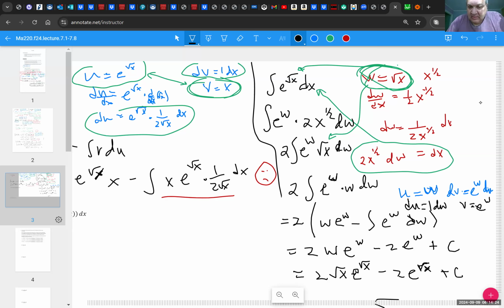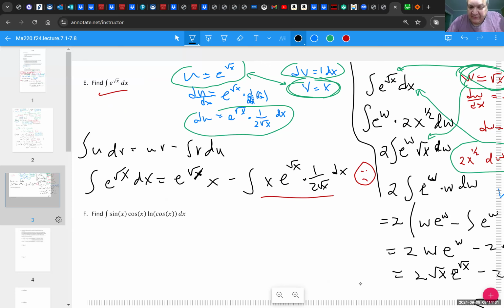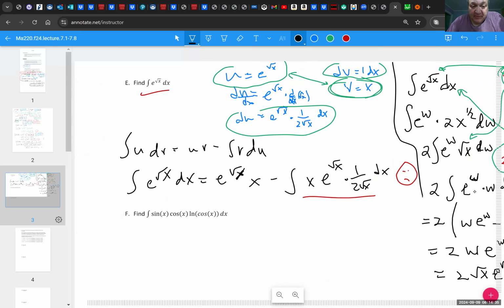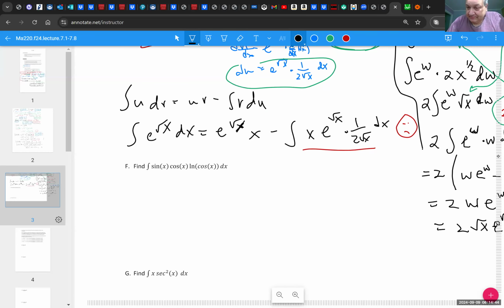Okay. So substitution and integration by parts. So if you have not already paused the video to give one a try, this might be a great opportunity for part F. It's another one where you're going to use a combination of substitution and integration by parts.